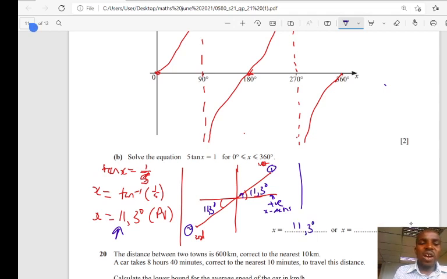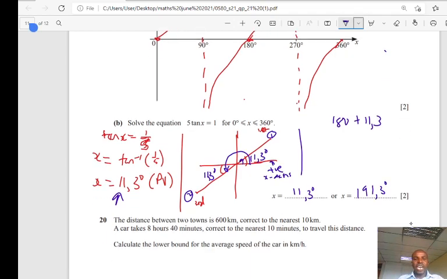Then the other angle is from this positive x-axis to the second line, which is actually 180 plus 11.3 degrees. Then what we get here? It will be 191.3. So these are the two angles. You can say you are done.